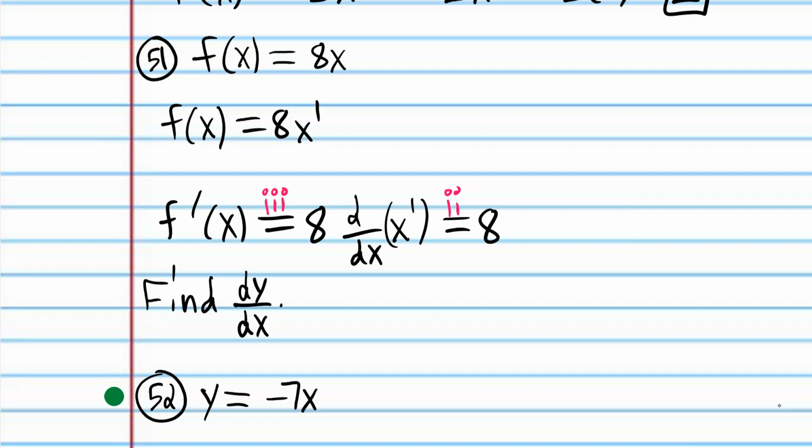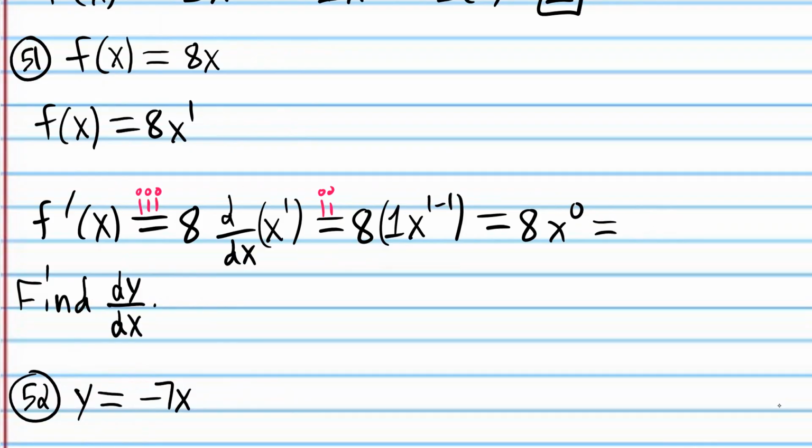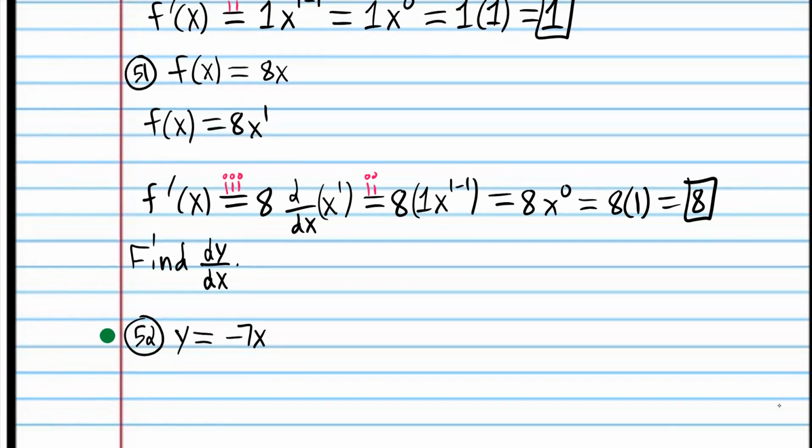So we have 1 times x to the 1 minus 1. 8 times 1 is 8. 1 minus 1 is 0. Now we can use exponent rule number 7. Anything raised to the 0 power is 1, so we just get 8. So that's what we would expect, because in slope-intercept form we can see that the slope is just going to be 8.